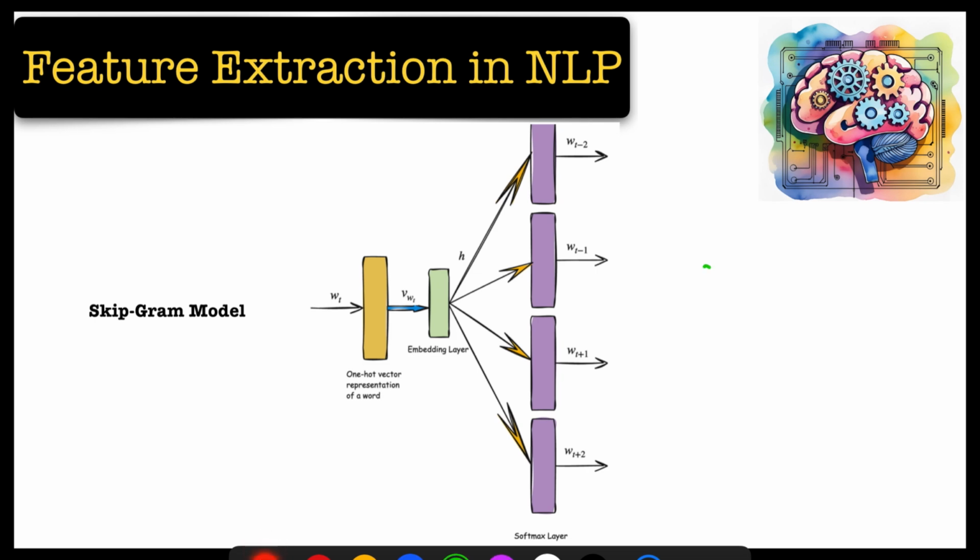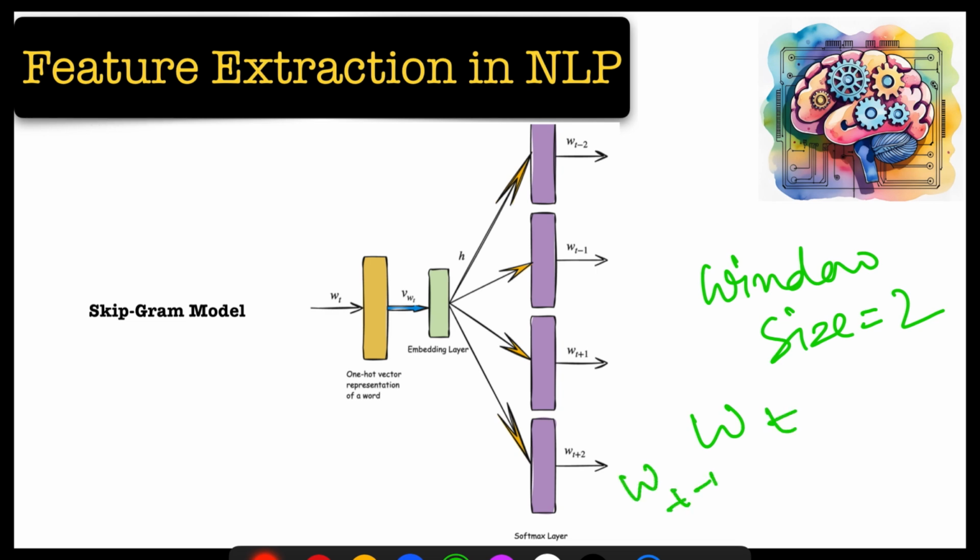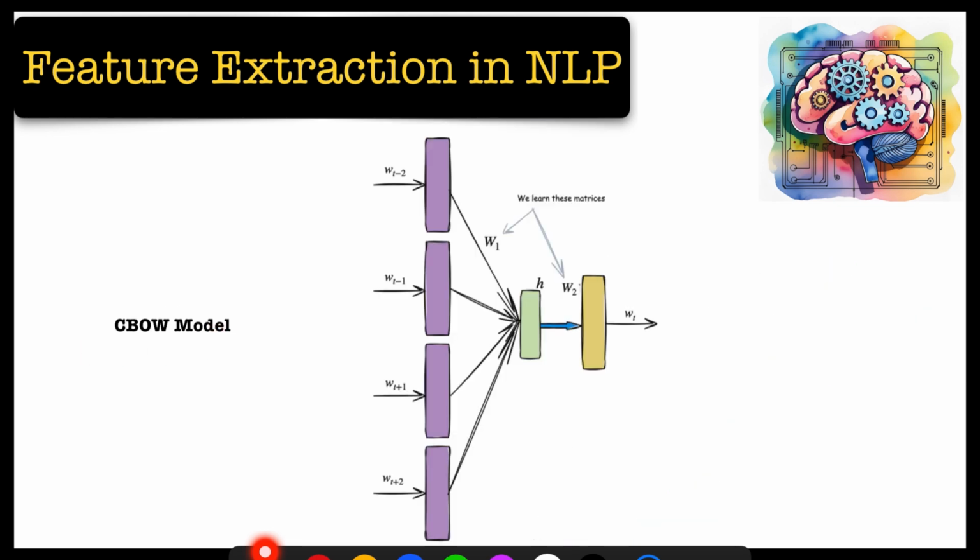If the window size is 2, then for WT we'll have WT-1, WT-2, WT+1 and WT+2. These four context words will be predicted. In the CBOW model, we are given the context words WT-1, WT-2, WT+1, WT+2, and we are trying to find WT, the center word.